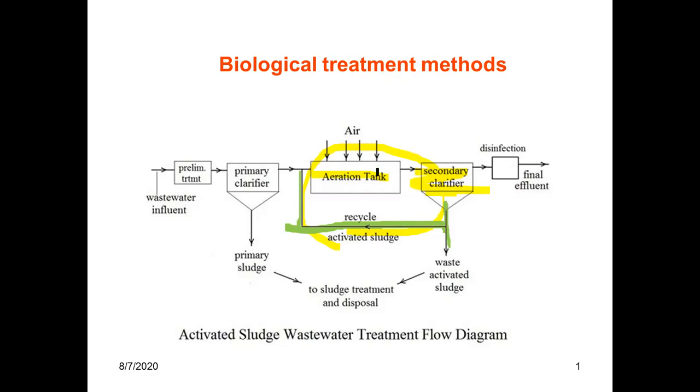For the aerobic digestion reaction in the aeration tank, microorganisms are required. Microorganisms do the reaction, so the microorganisms available in the sludge are recycled back to the aeration tank. Part of the sludge is recycled.